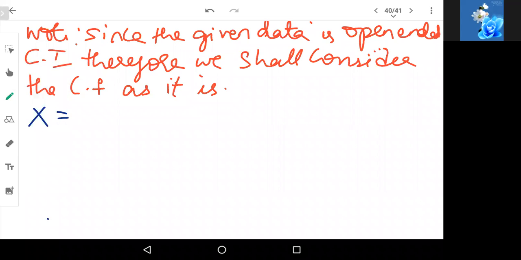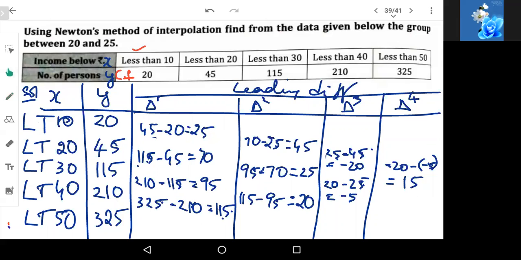If you see this problem, the value to be interpolated is between 20 and 25. In such cases where you have two values given, consider the biggest number. 20 is small, so consider the biggest number 25.